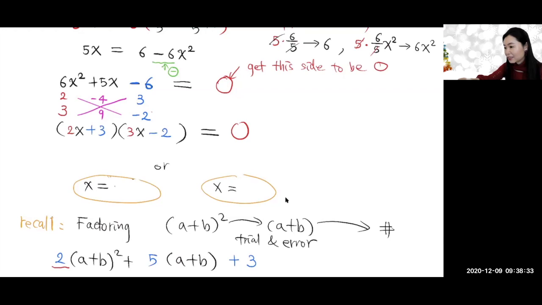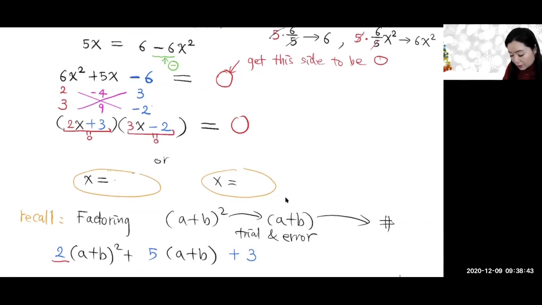Okay, so if these 2 factors equal 0, then either this factor equals 0 or this factor here equals 0, right? Okay, so if the first factor equals 0 or the second factor equals 0, okay.